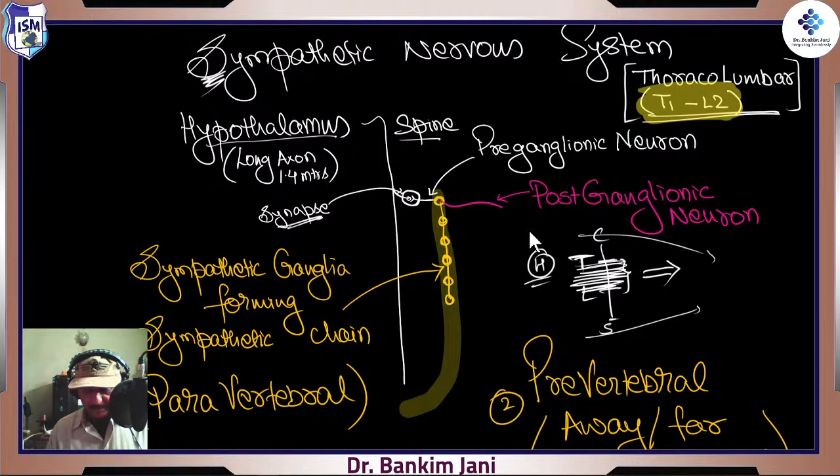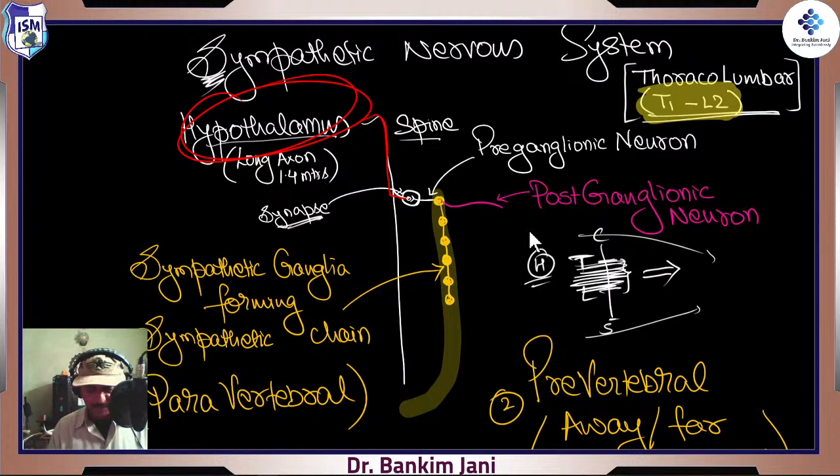It is in the spine, and then they go out, and here are the ganglion, right? These are the sympathetic ganglia. So from the hypothalamus, those fibers come and form a link.